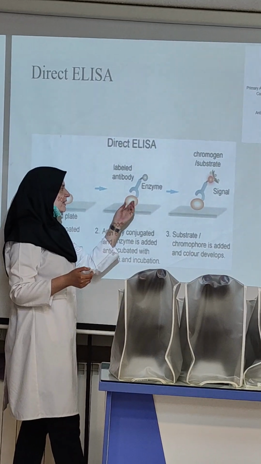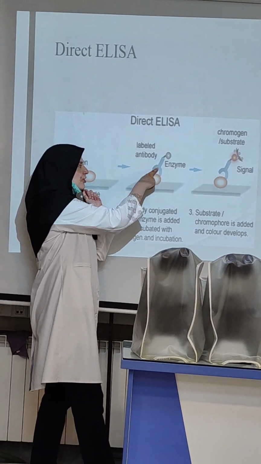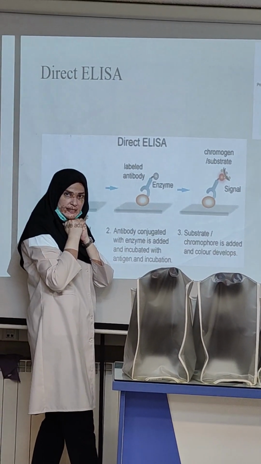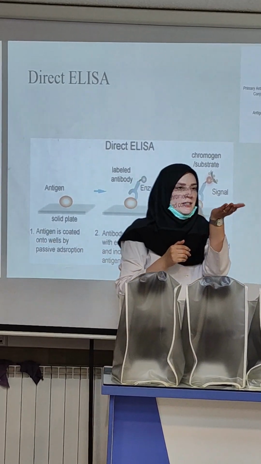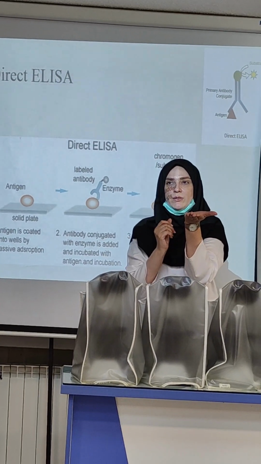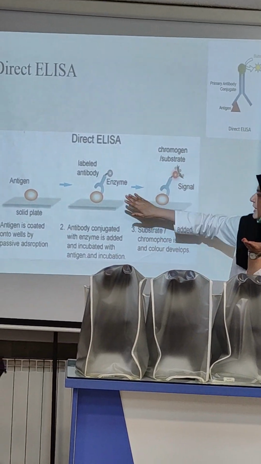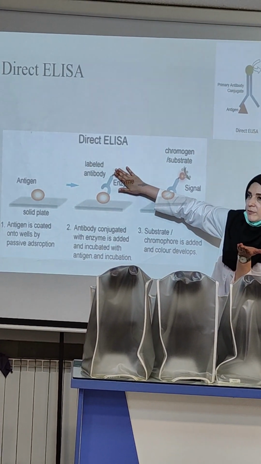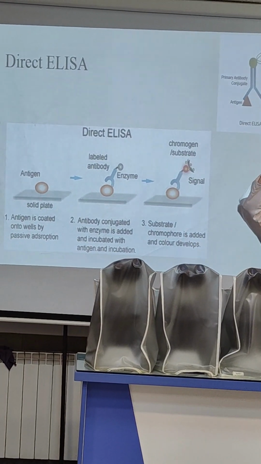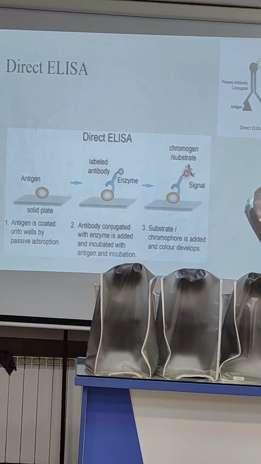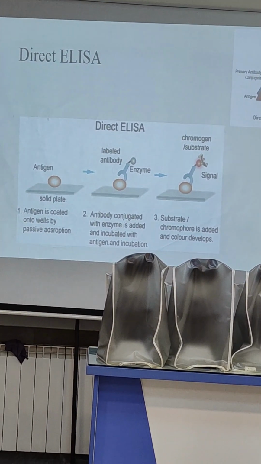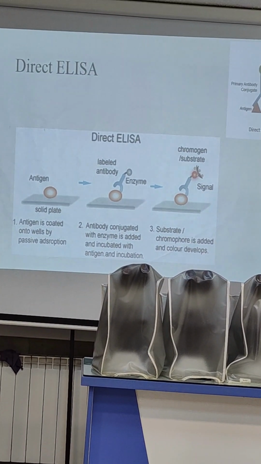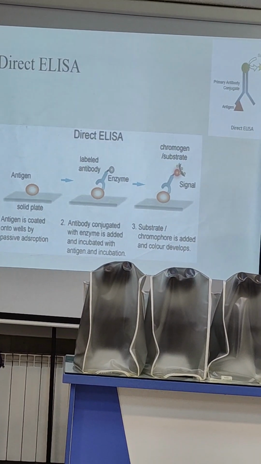Can we detect the combination of the antigen and antibodies without any tracer? No. So we have to add a tracer to the immune complex.